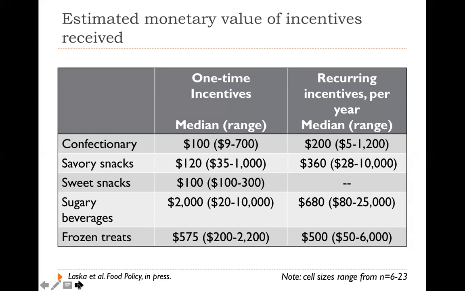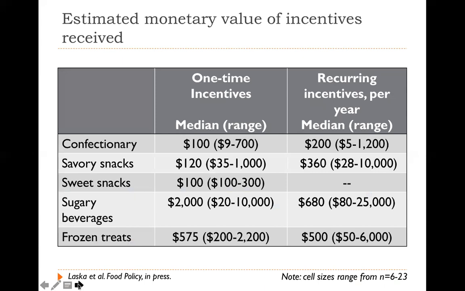In some cases, the tendency was to estimate in terms of a one-time incentive, like somebody provided them with a cooler, for example, or a display rack, and in their head they could calculate, well, if I were to buy a display rack on my own, it would cost this much. There's other cases where it's easier to report as a recurring incentive, for example, getting 10% off your monthly or quarterly invoice. In some cases, our data here are spotty and have more missing values than elsewhere, because it's sometimes just not that easy to estimate.